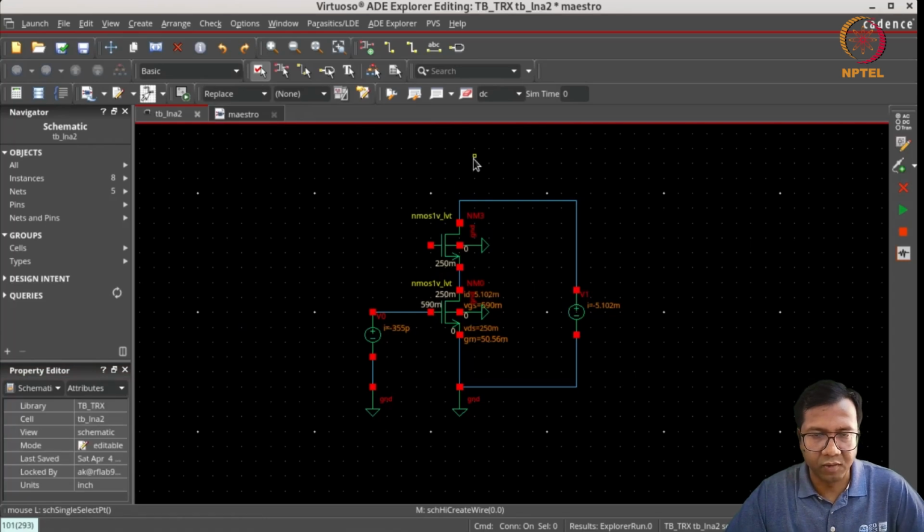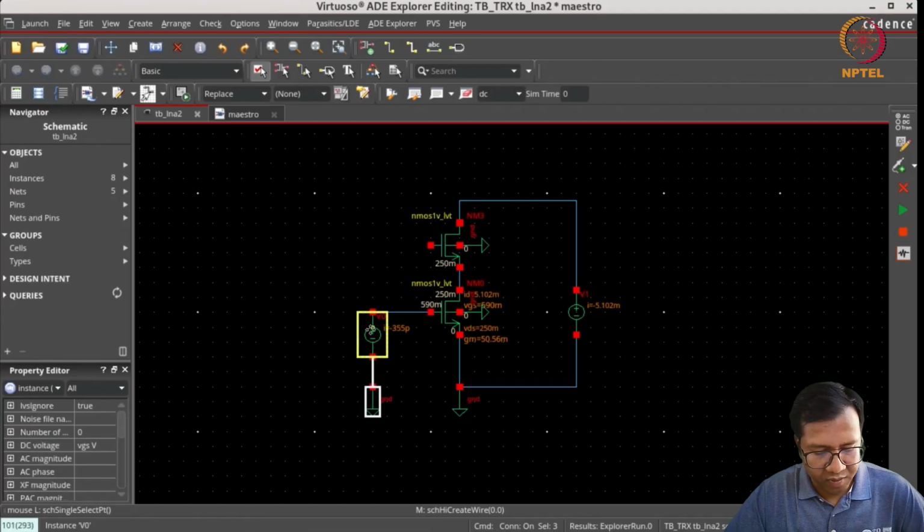Because the assumption is that there is going to be an inductive load for this LNA. So the drain voltage of the cascode is going to be around VDD. Now, since this cascode is going to have 250 millivolts as the source voltage, we may have to also increase the gate voltage of cascode by 250 millivolts as compared to the input element.